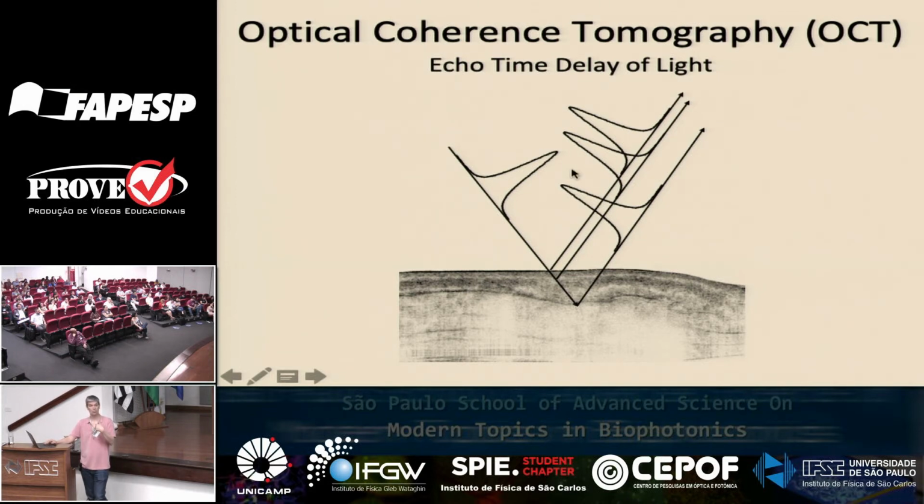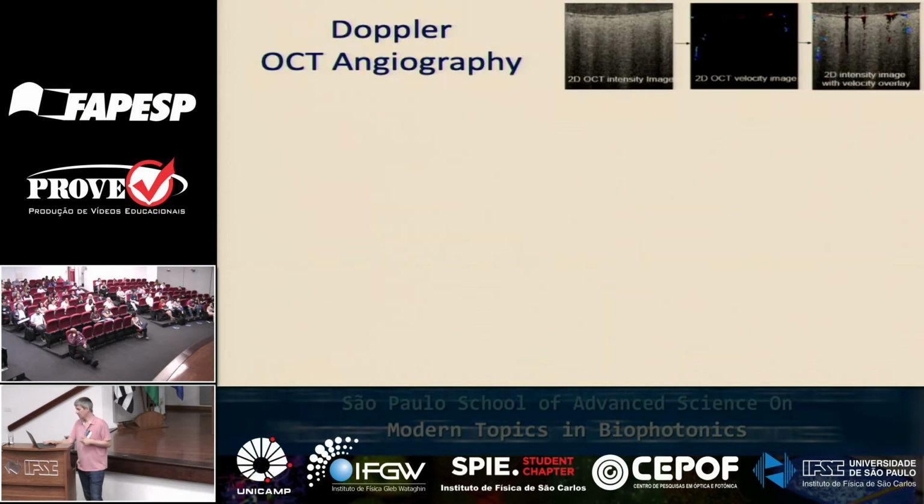And whenever there's a moving red blood cell, it imparts a Doppler shift, and we can measure that Doppler shift. Also, because we're doing this interferometrically, we actually measure the field directly, and we can measure the field temporal autocorrelation function and relate that to the blood flow, right? So this is what an image in depth would look like in the brain.